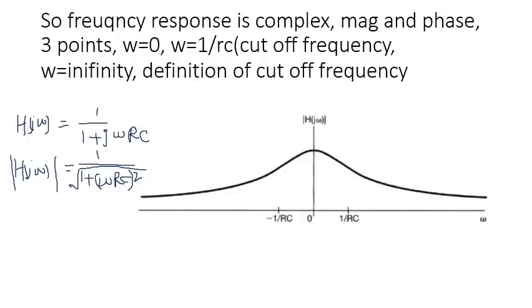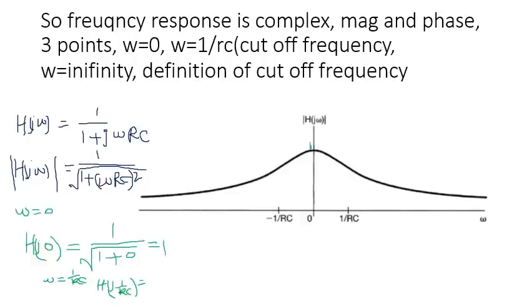That means the magnitude response is symmetrical about 0, or we can say the magnitude has even symmetry. When omega equals 0, RC multiplied by 0 results in 0, 1 over 1 plus 0 is 1, and the square root of 1 is 1. So at omega equals 0, the magnitude response equals 1.